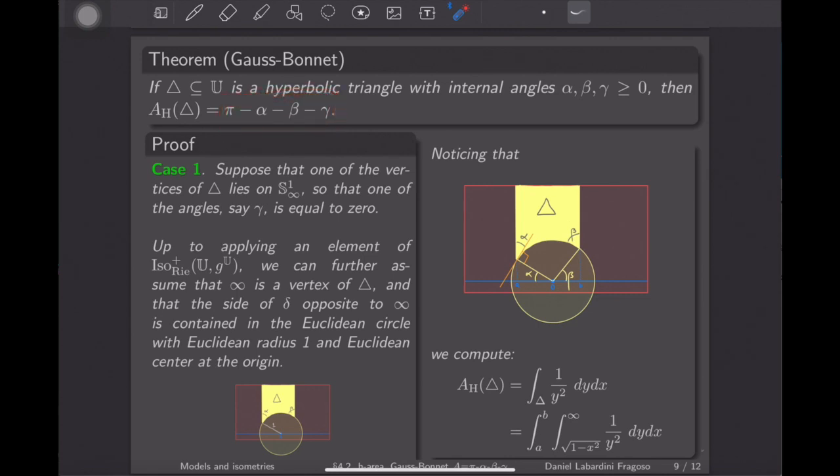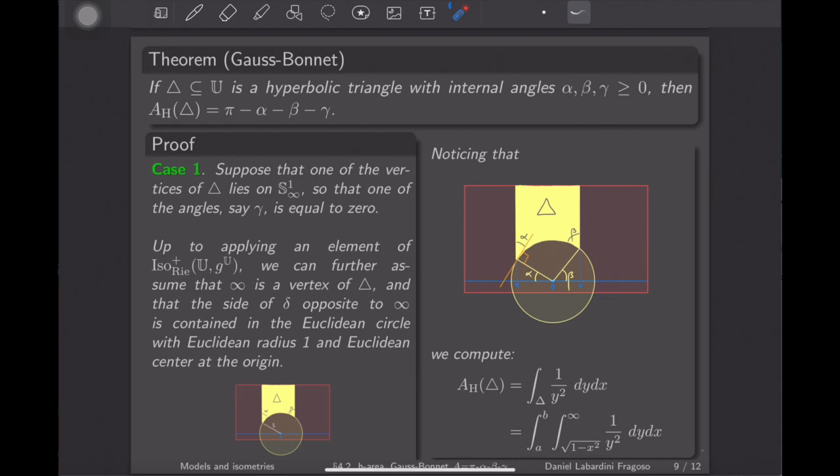It's impossible to rescale them non-trivially, because if you change the sizes of the sides, you cannot do it without altering the angles in the hyperbolic plane.